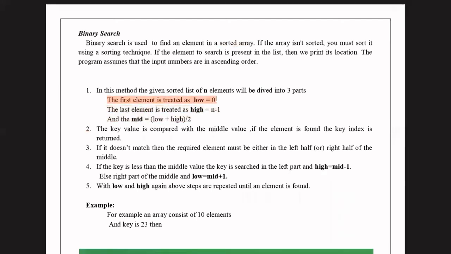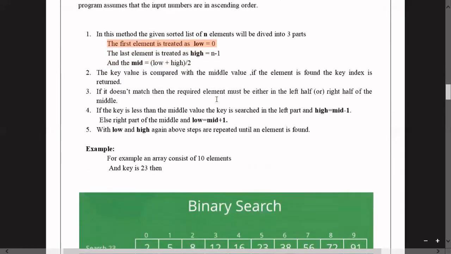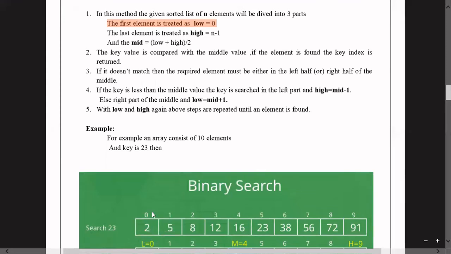The first index must be considered as 0. The first index position is 0. For example, the set of elements are 2, 5, 8, 12, 16, 23, 38, 56, 72 and 91.